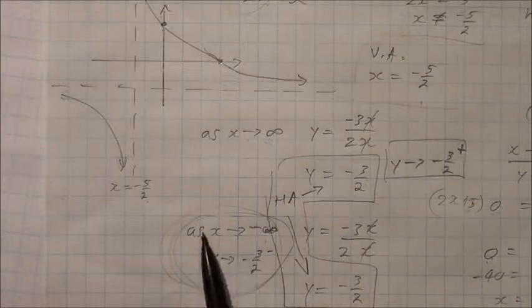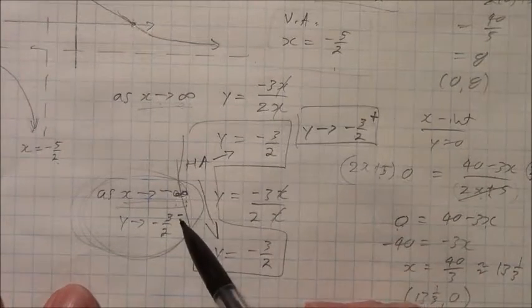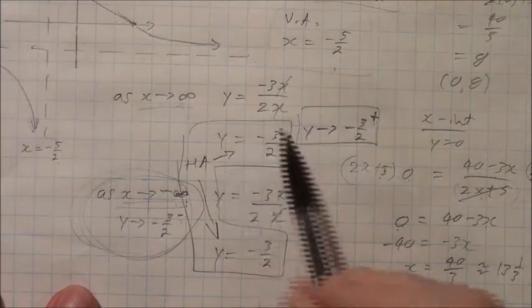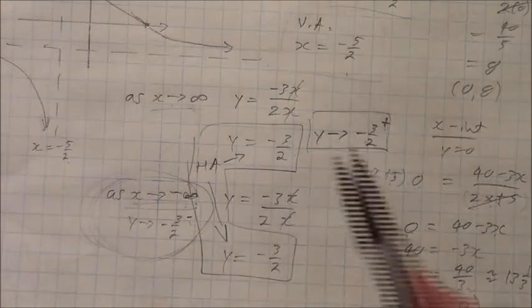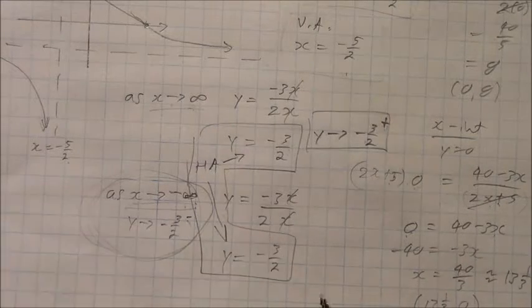But when we're talking about x approaching positive or negative infinity, the plus and the minus superscripts that accompany the value of the horizontal asymptote will mean from above if it's positive and from below if it's negative.